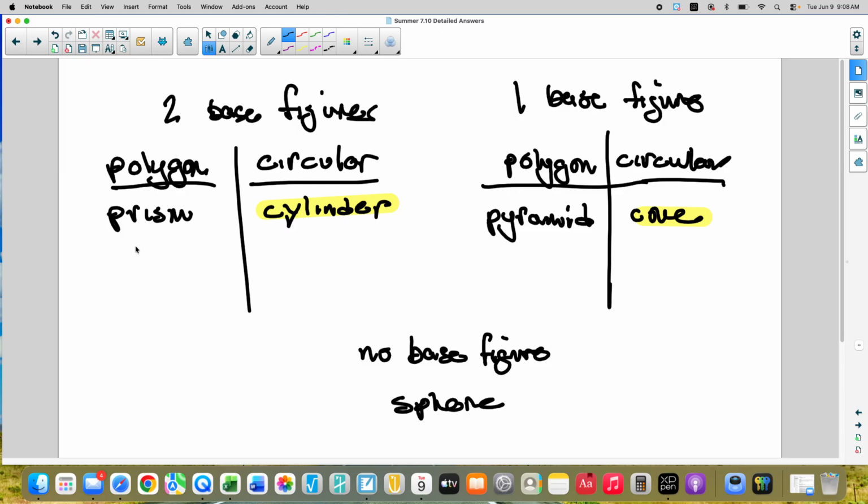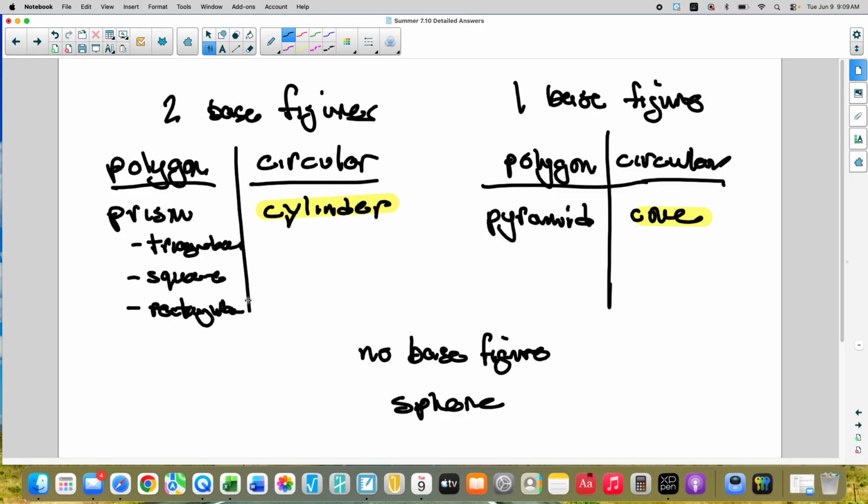So you can have a triangular prism. You can have a square prism. You can have a rectangular prism. You can have a trapezoidal prism.